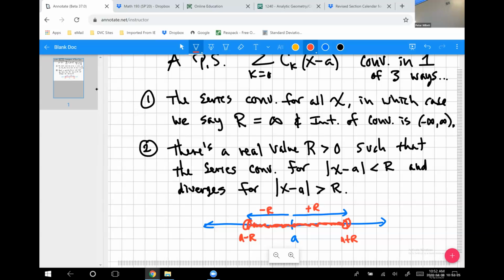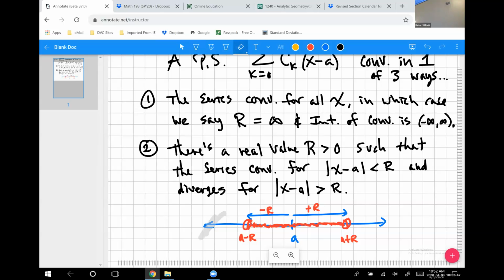There is a distance that it's safe to travel away from the center in either direction in which you maintain convergence, and once you surpass that in either direction, you get divergence.